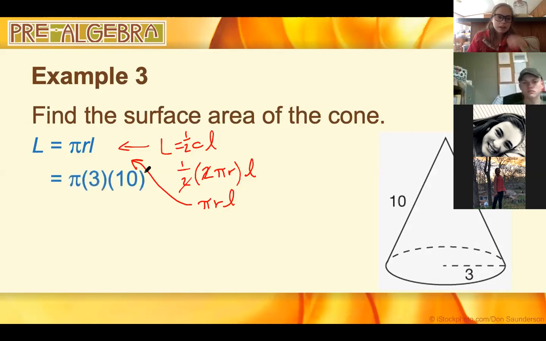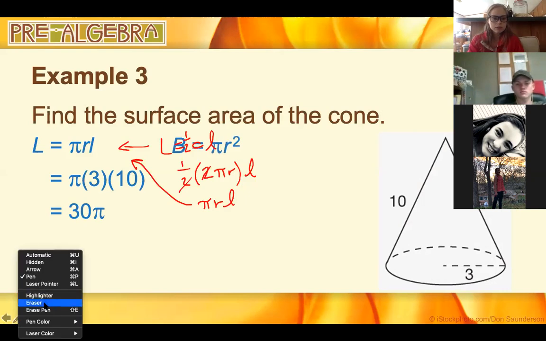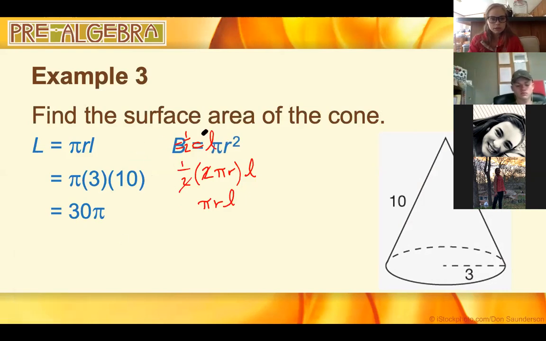Now I can plug in my values. The radius of the circle base is 3. The slant height is 10. Therefore, my lateral surface area is 30 pi. Now, we're still trying to find the surface area of the whole thing. I found my lateral surface area. Now I need to find my base area.